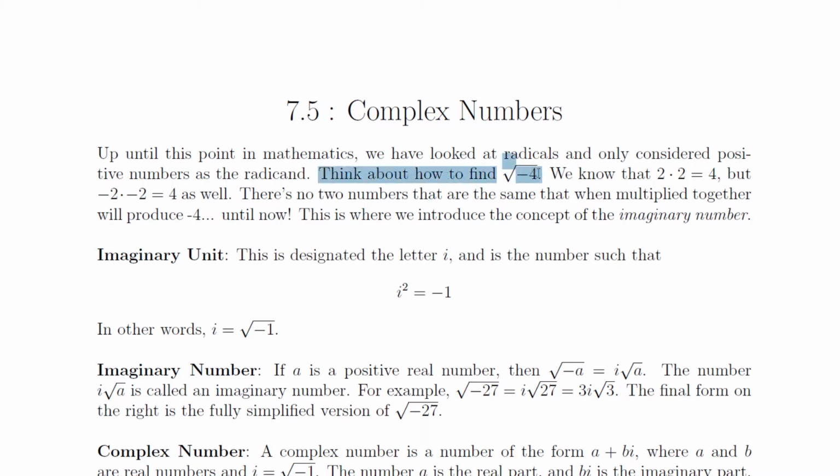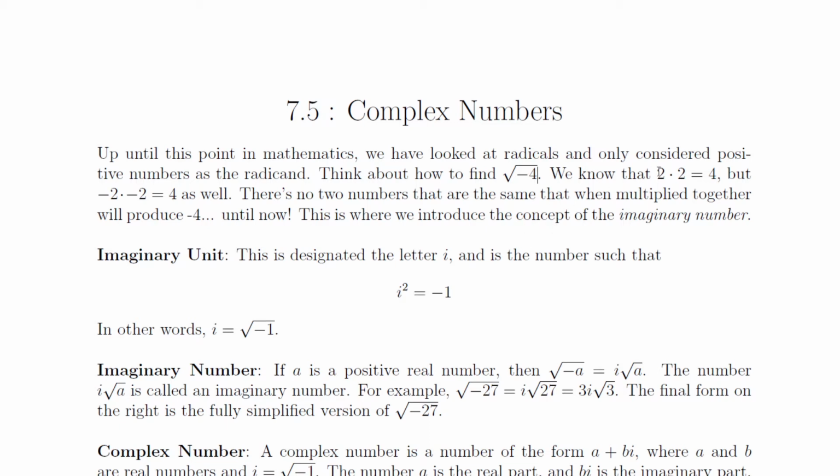When we're dealing with radicals, there are problems that we encounter. Specifically, for example, how to find the square root of minus 4. Can you do it? It's really not possible, if you think about it.